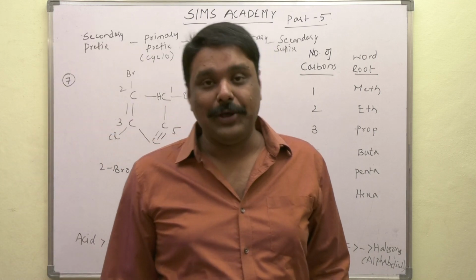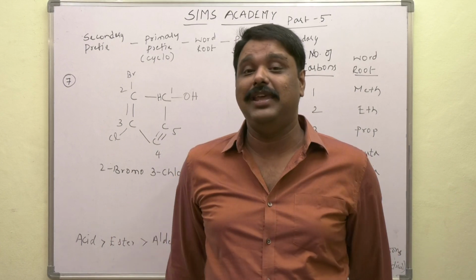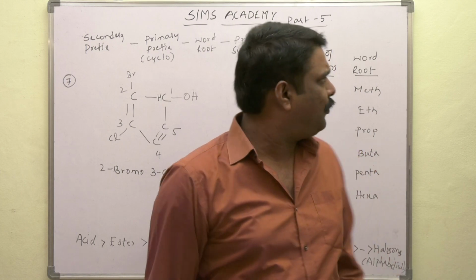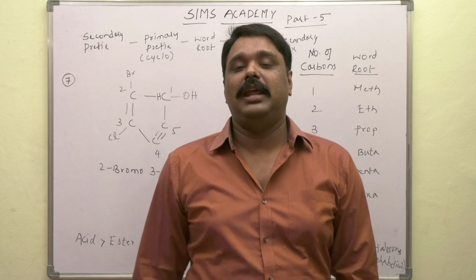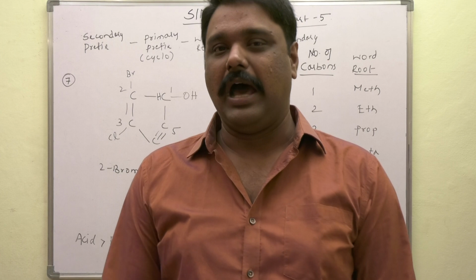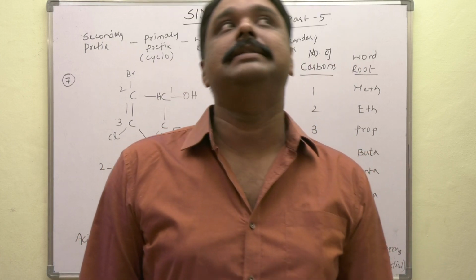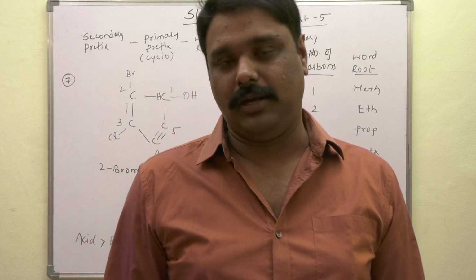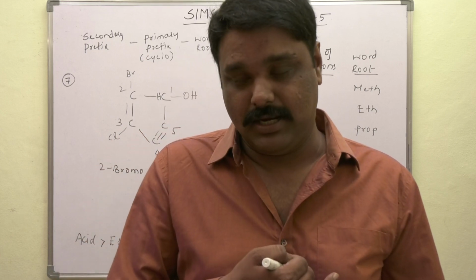Okay guys, I hope you even understood the nomenclature of these cyclic compounds. And with this part 5, the nomenclature is completed. In the next part, we are going to see the hybridization of carbon in certain molecules like methane, ethene, ethylene (ethene and ethylene are both the same), and next, ethyne or acetylene.